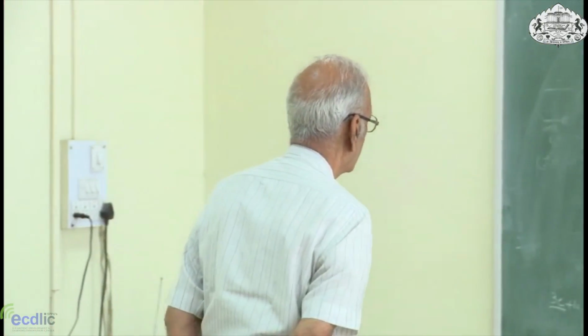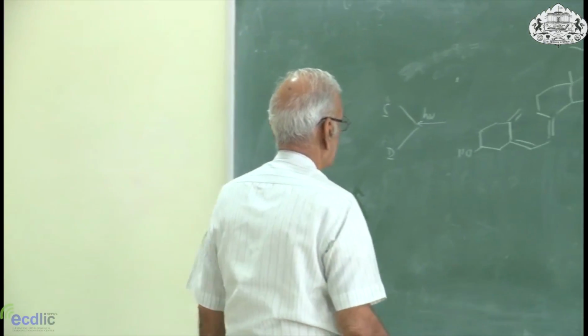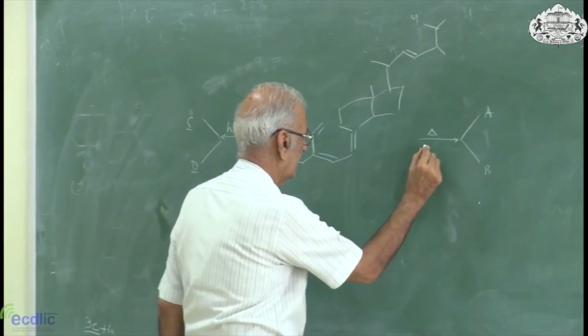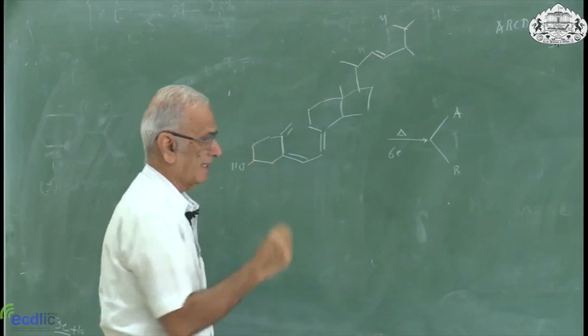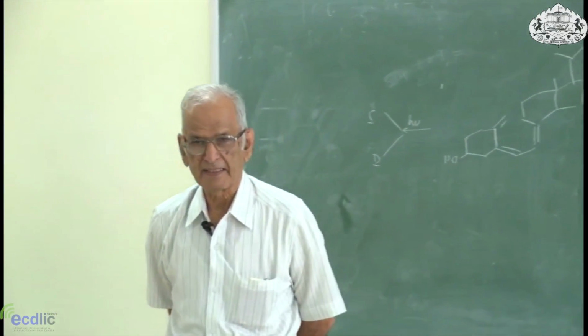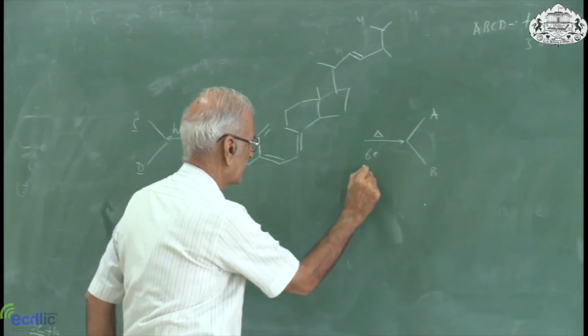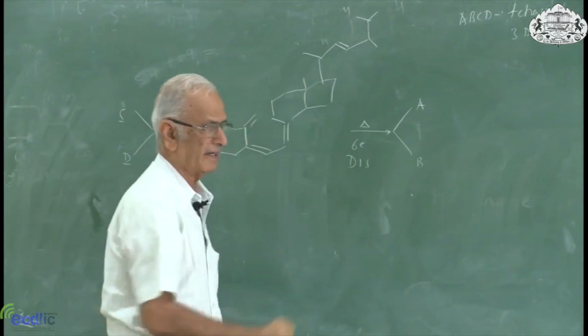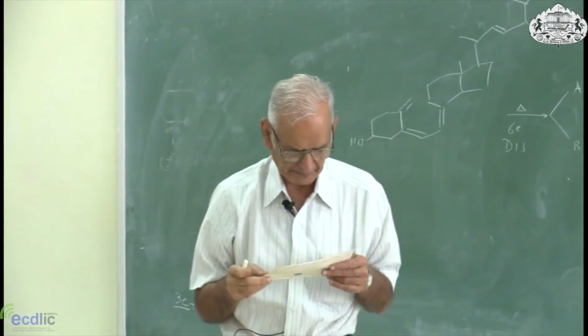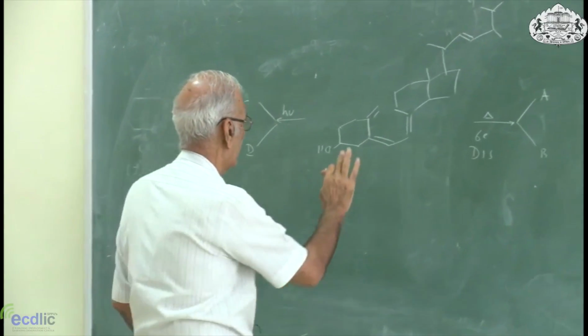So you are going from n pi to n minus 1 pi. Therefore, it is an electrocyclic reaction. If I look at this reaction, then this is a 6-electron thermal reaction, which is going to be disrotatory.